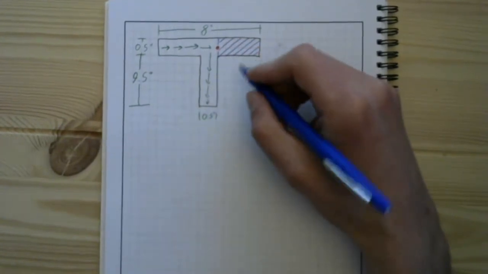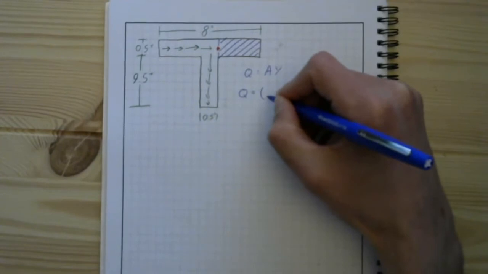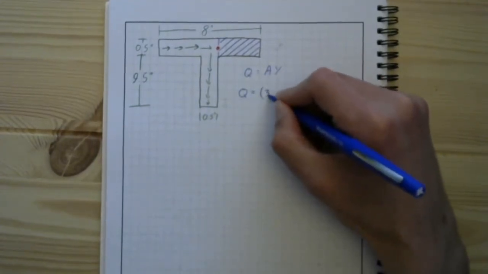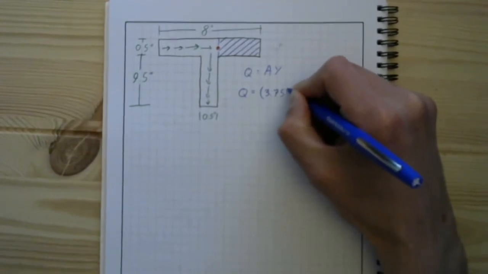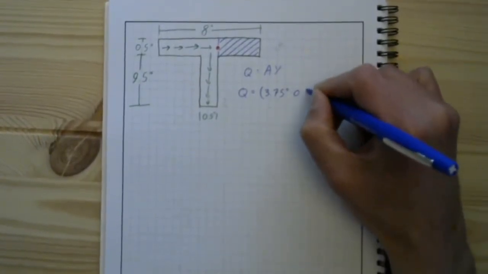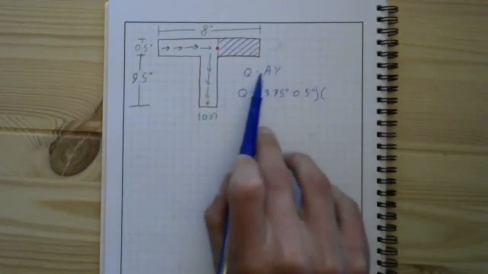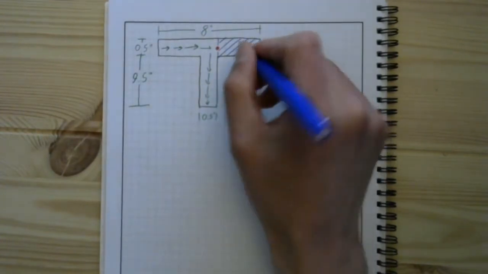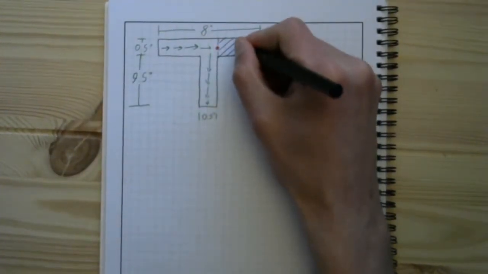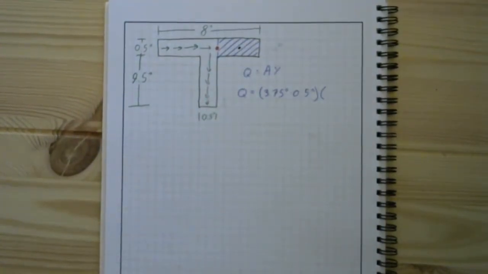So for this area, Q is going to be the area, which in this case is 3.75 inches times the thickness of 0.5 inches, times the lever arm from the centroid of this to the centroid of the total shape.